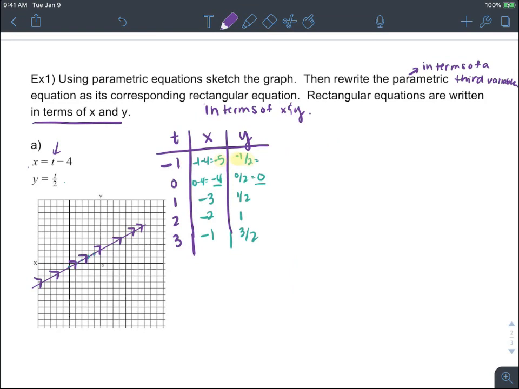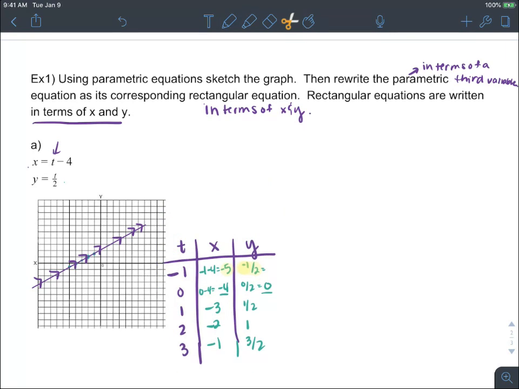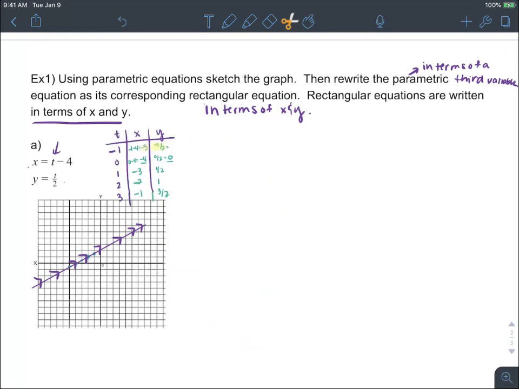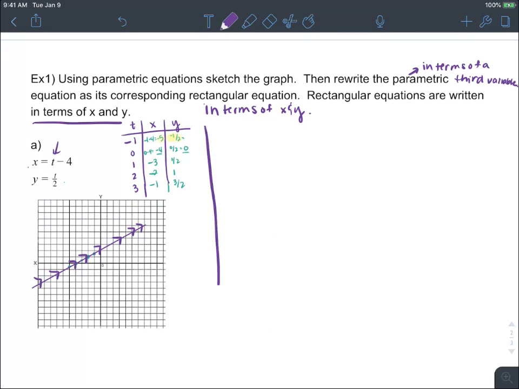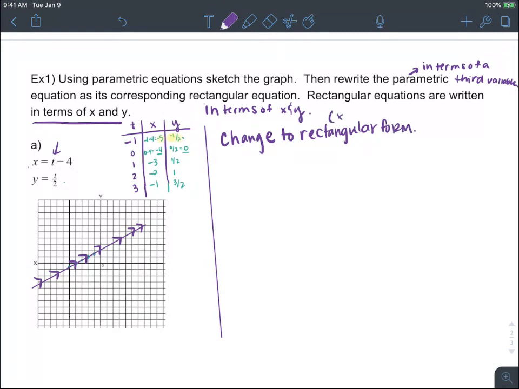First, we're going to change to rectangular form, which is in terms of x and y.